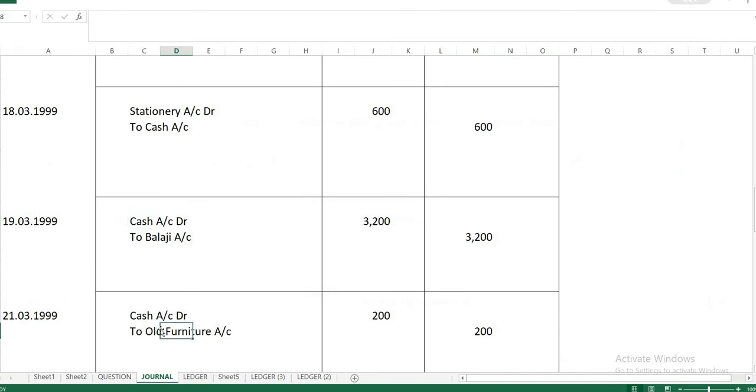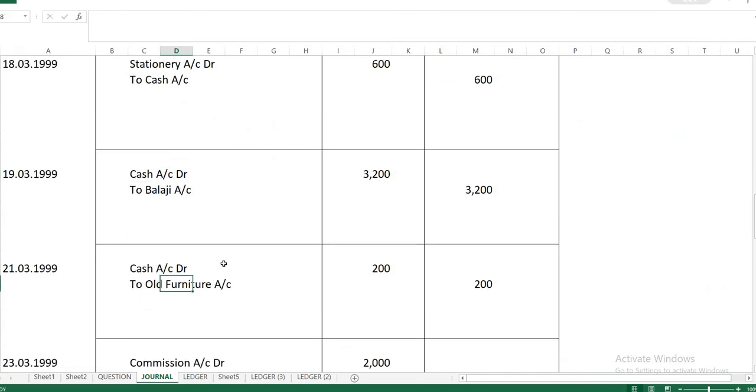Now moving to the next one. 21st March, cash account debit to old furniture account. Furniture account we have already created. In that furniture account itself we can take this one also. No need to prepare separately. In cash account, to old furniture, you have to mention 200 rupees on the debit side. In old furniture account, by cash account you have to mention on the credit side. By cash account 200. Date 21st March.